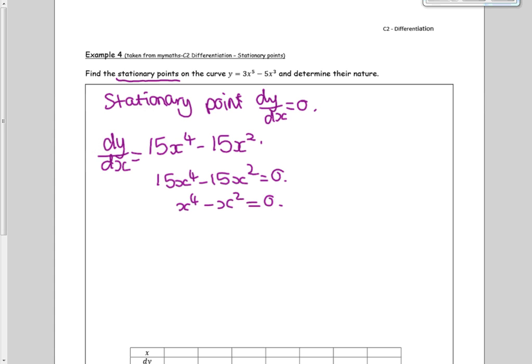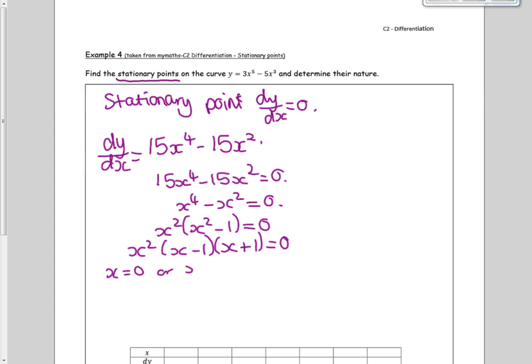So we can take x squared out, and we'll have x squared times x squared minus 1 equals 0, which gives us 3 stationary points: x squared, x minus 1, x plus 1 equals 0. So we'll have x equals 0, or x equals 1, or x equals minus 1.